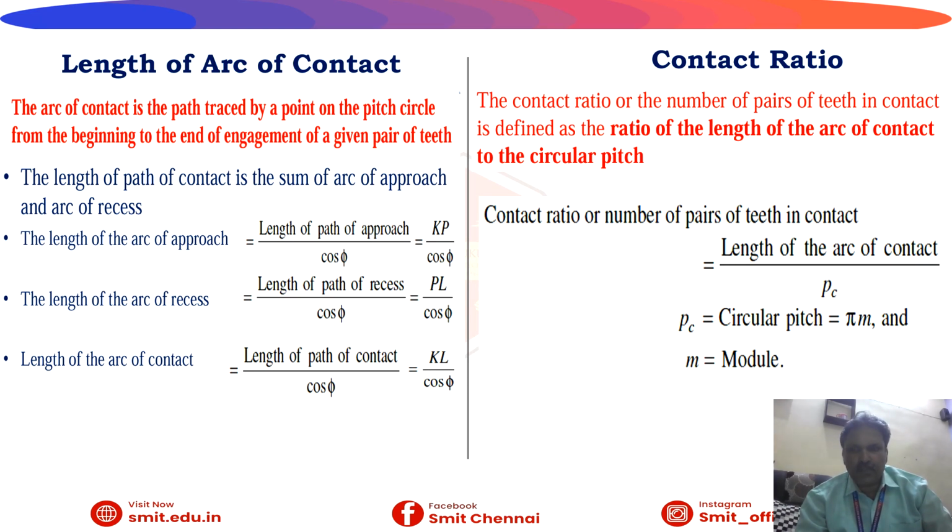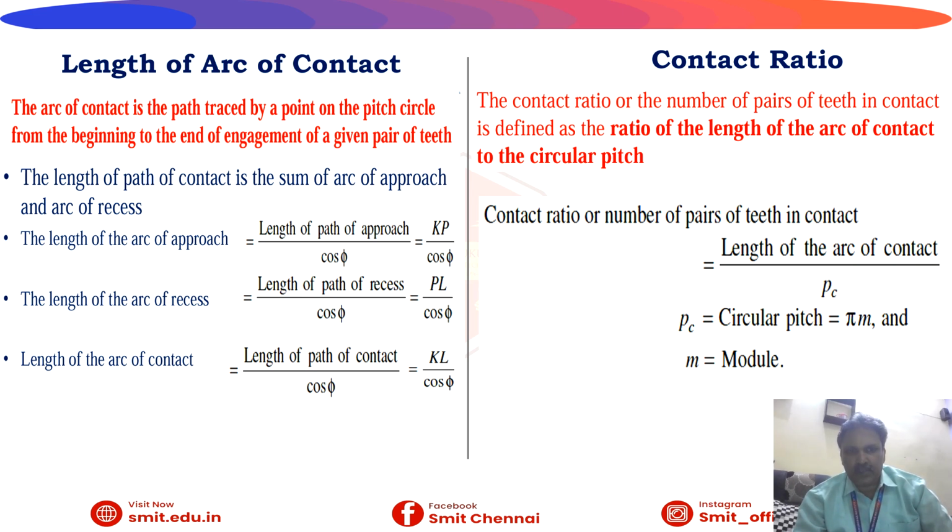So the length of path of contact is done. The length of arc of contact is the path traced by a point on the pitch circle from the beginning to the end of the engagement of the given pair of teeth.